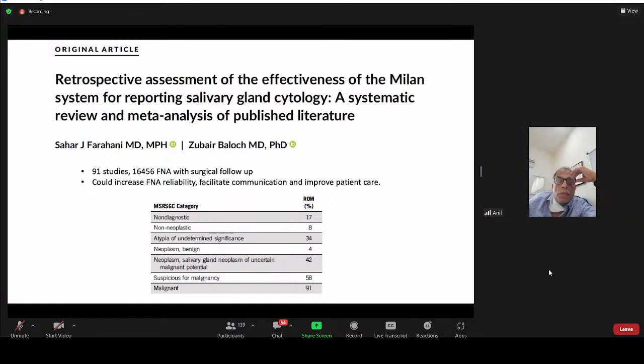Just to build on what Sudhir and Gopal said, and to answer you very specifically, Shiva, you asked me whether I would like my pathologist to use this system. Yes. The system is important because we must understand that complex thyroid nodules are different from salivary gland tumors.